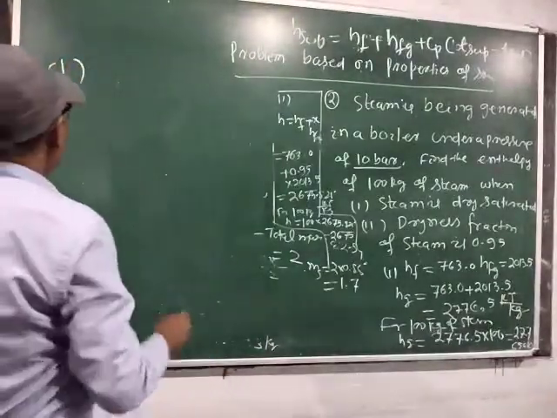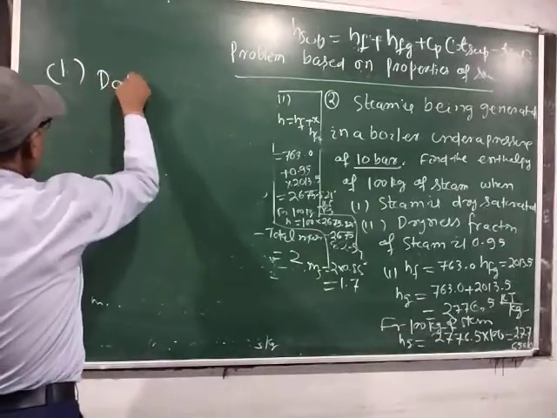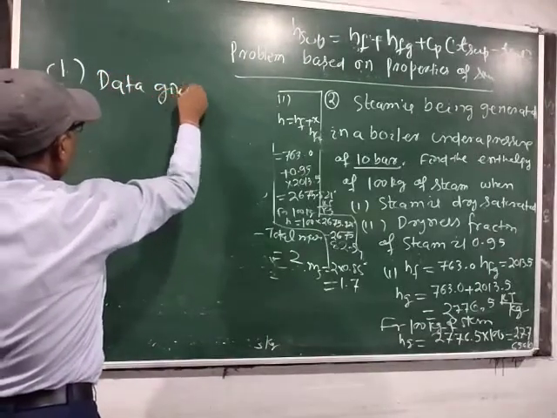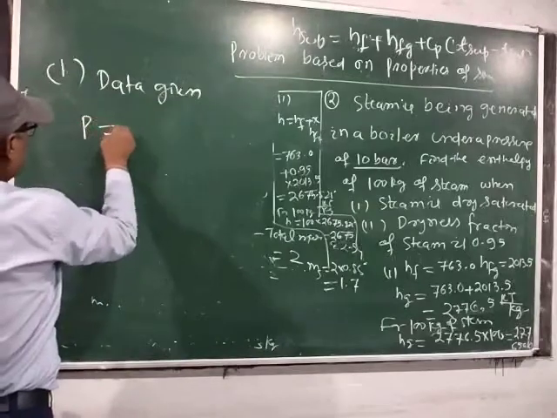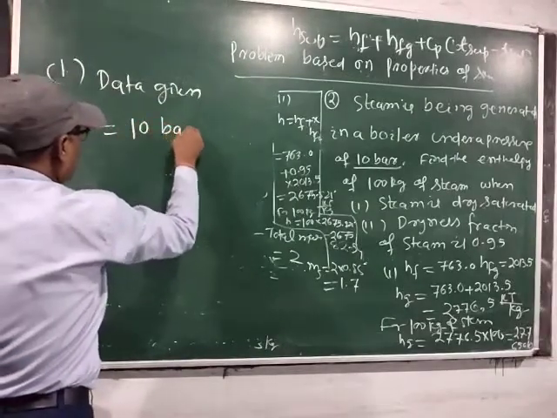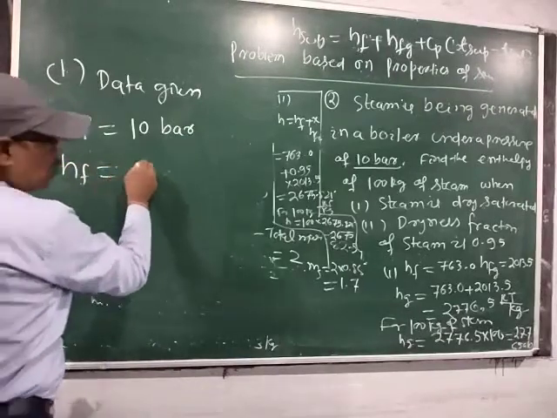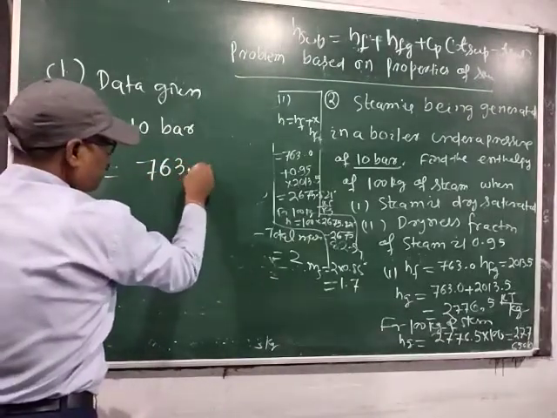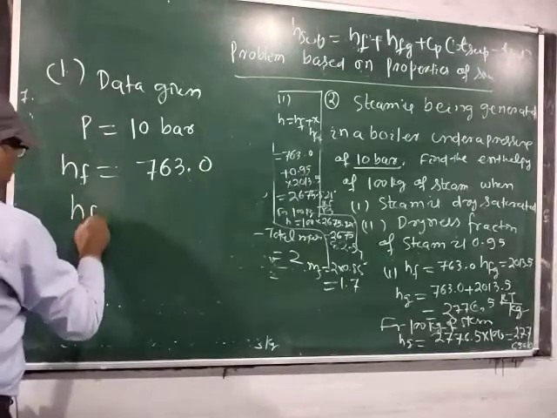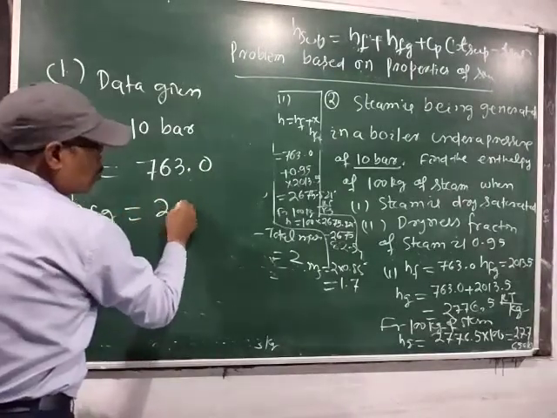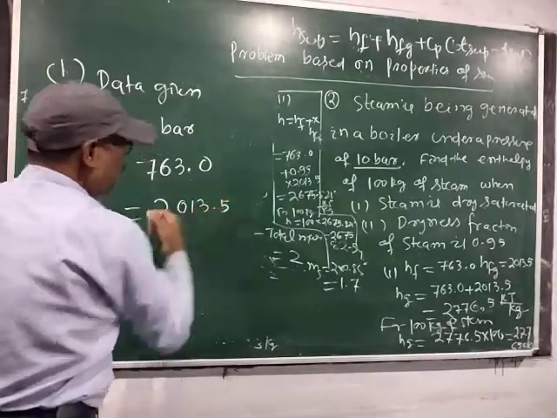First, data given. Pressure is equal to 10 bar. Then Hf is equal to 763.0. Hfg is equal to 2013.5.